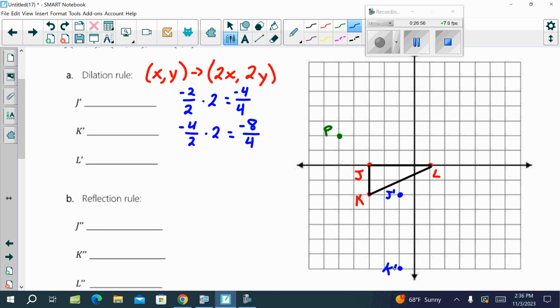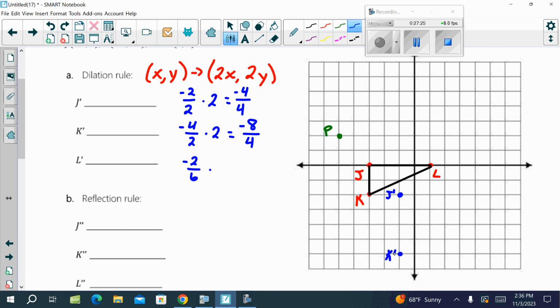And then what about L? We go down 2 and right how many? 6? Is it? Up 1? 1, 2, 3, 4, 5, 6, 7, 8. You are correct. Okay, so here.